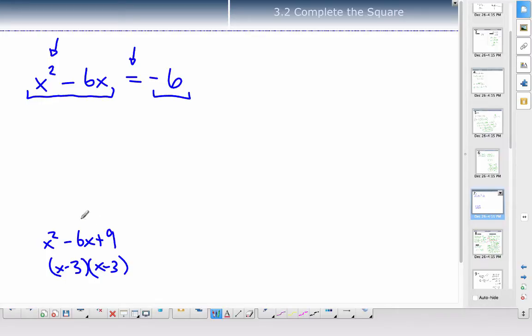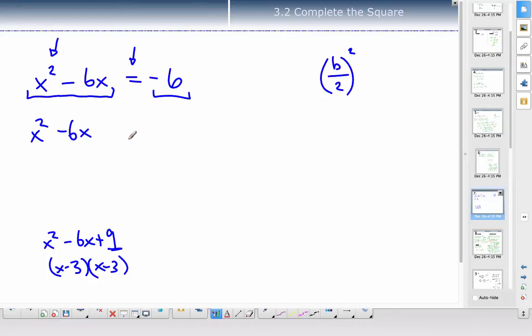So there's a trick, if you know what this number is, to figure out that last number. And the trick is basically you take that middle number, or often it's b. B is that second term in a quadratic expression. And you take that and you divide it by 2, and then you take that whole thing and square it. So I'm going to have x squared minus 6x.